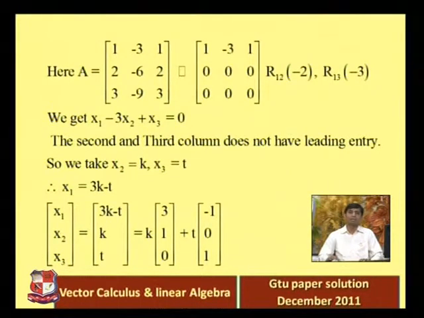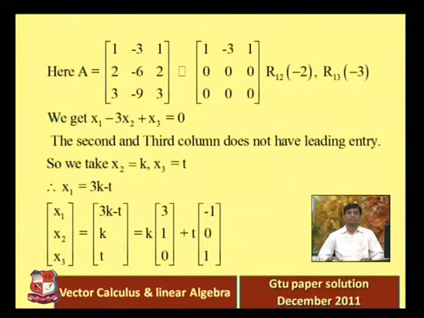Just put the values of x2 and x3 in the equation x1 minus 3x2 plus x3 is equal to 0. You will get x1 is equal to 3k minus t. So x1 x2 x3 is equal to 3k minus t, k, t, that is equal to k into 3 1 0 plus t into minus 1 0 1.